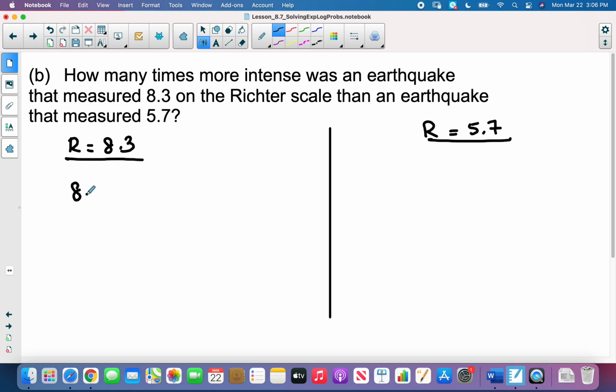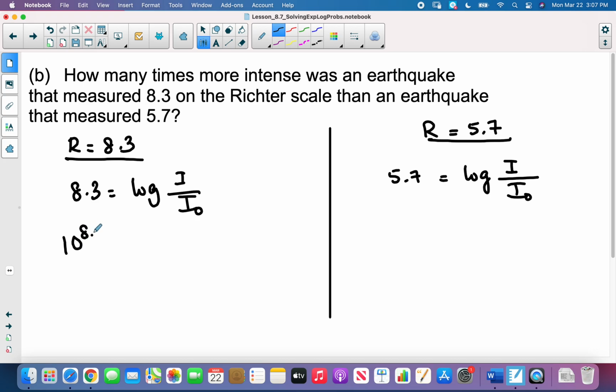So 8.3 is equal to log of I divided by I0 here, and here 5.7 equals log of I divided by I0. And 10 to the power of 8.3 equals I divided by I0 here, and 10 to the power of 5.7 equals I divided by I0 here.